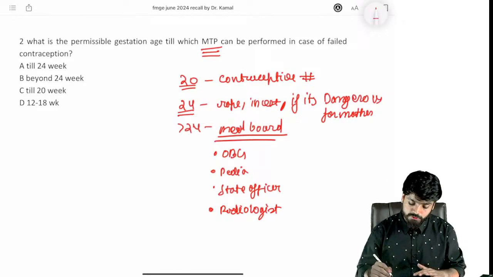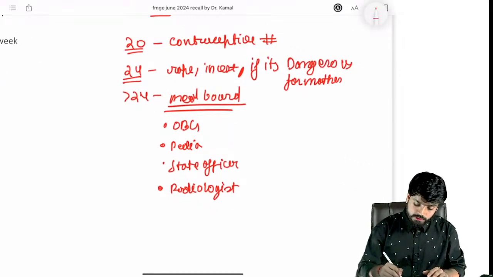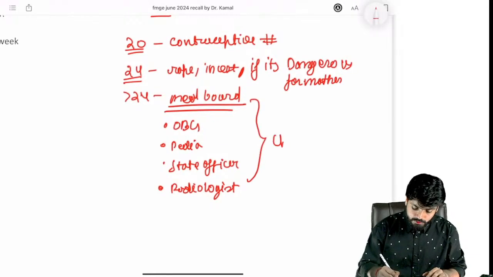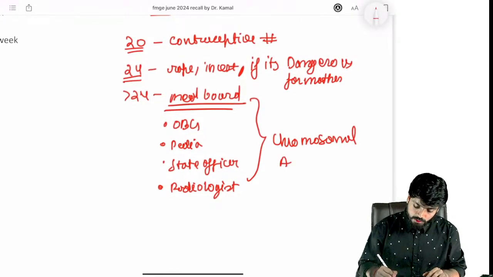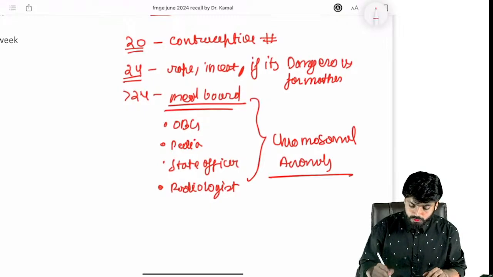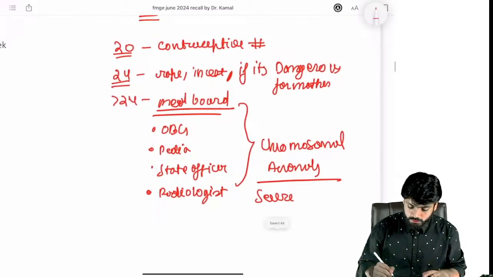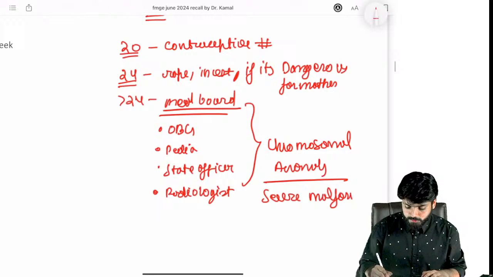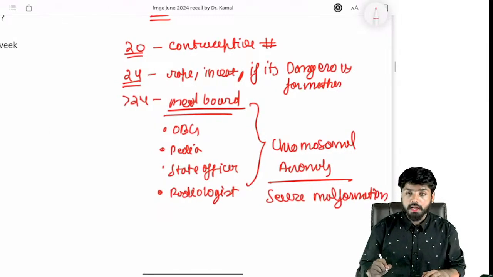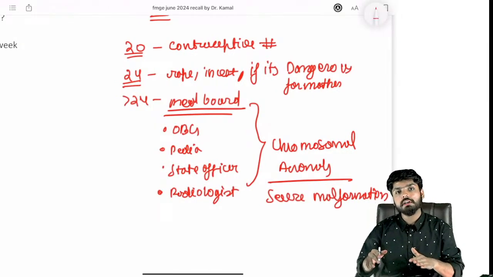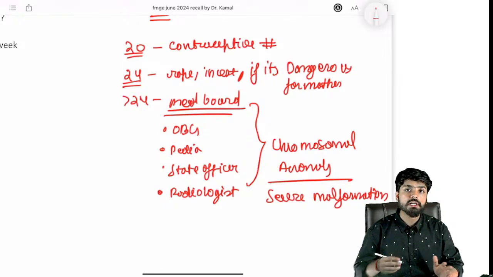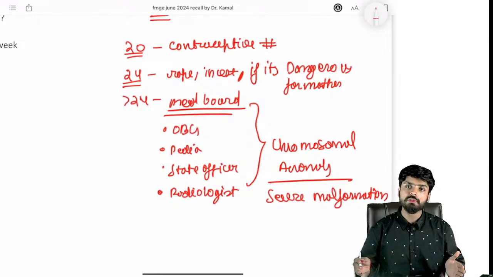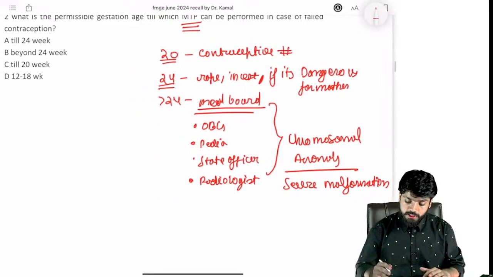The main reason that we can perform an MTP beyond 24 weeks, even though it's a very risky procedure for mother, is chromosomal anomaly or severe malformation. And to stay away from this kind of upper limit of MTP, that's why we recommend multiple types of scans in the whole OBG process, in the whole antenatal care process.